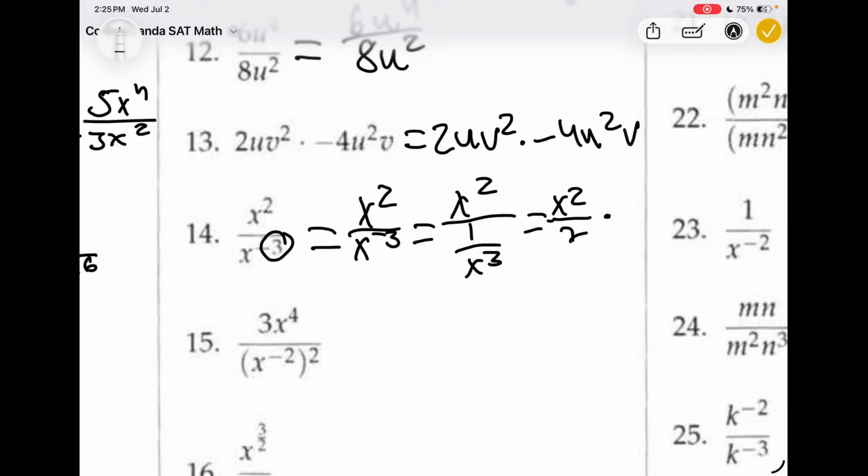So if it's 1 over x to the 3rd, then it would be x to the 3rd over 1, which is equal to x squared times x to the 3rd, which is equal to x to the 5th.